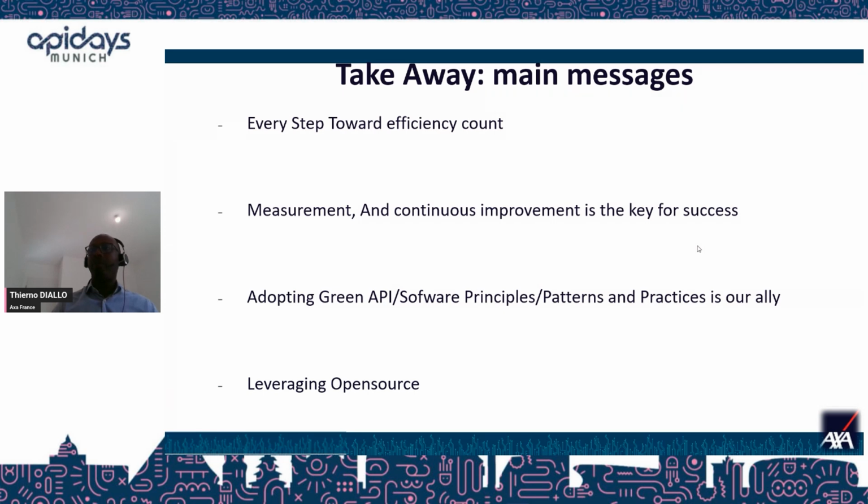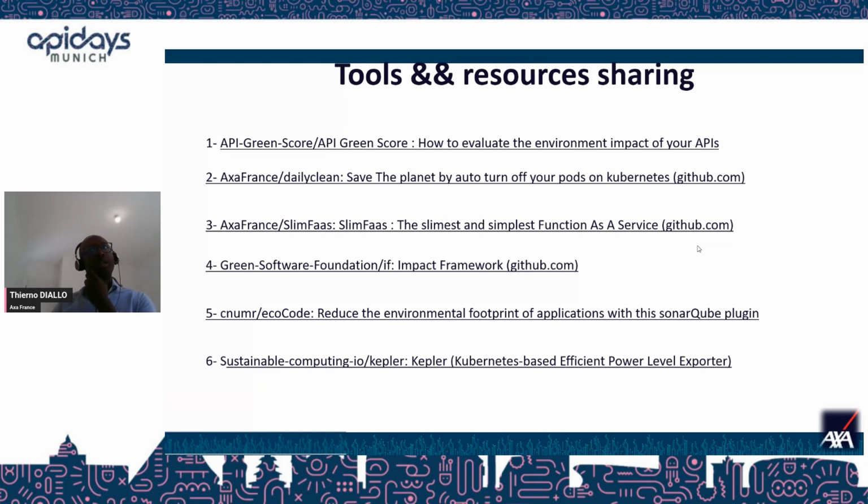Open source is very relevant to tell us if we are doing right or wrong, what we can improve, and how we can measure what is relevant nowadays. So don't hesitate.